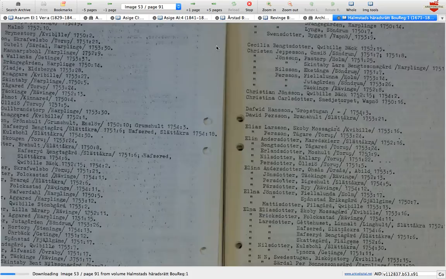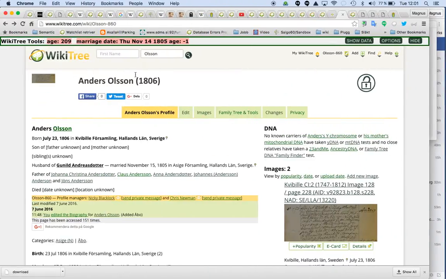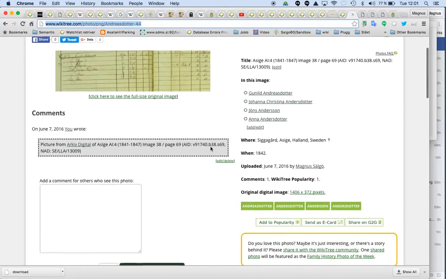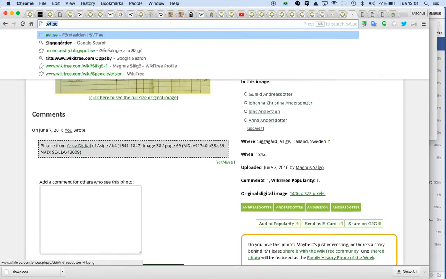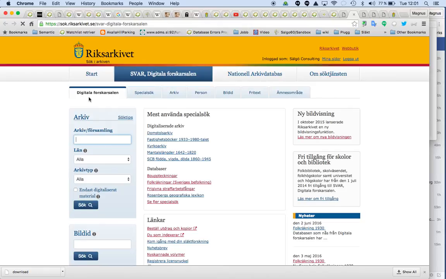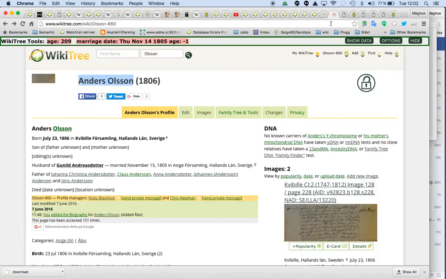The cool thing with estate and inventory is that they are really excellent. What we can do is another approach. We use another software. Here, they have some index from 1867 to 90. And I said Anders Olsson is not the best name. 1806, he's old.